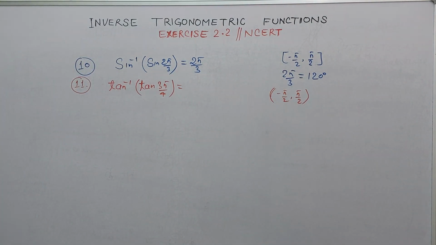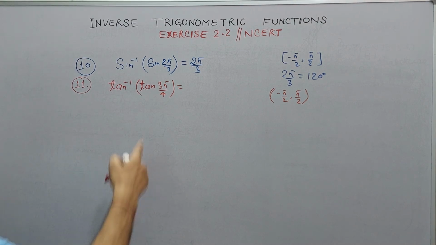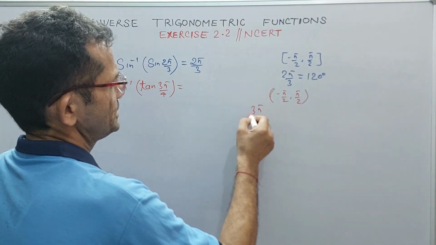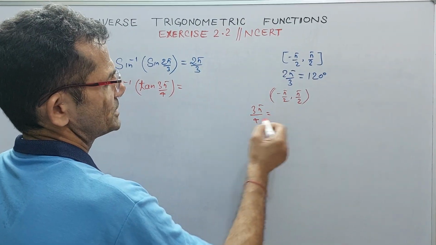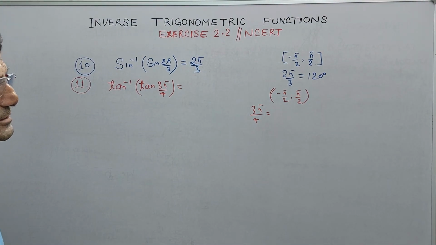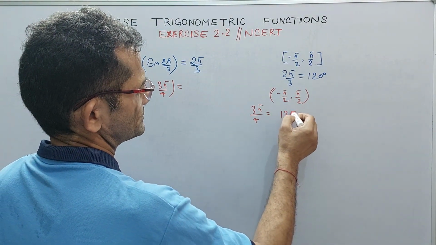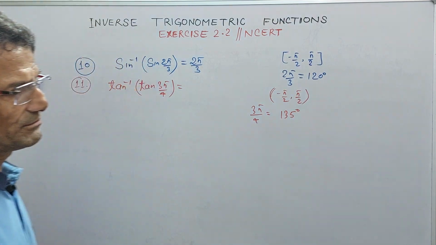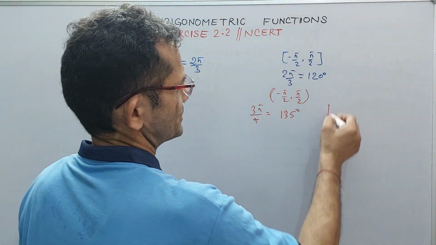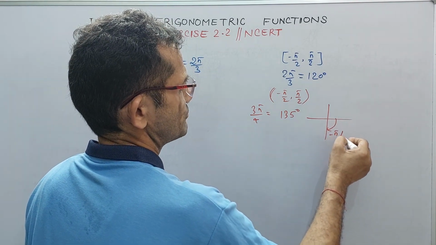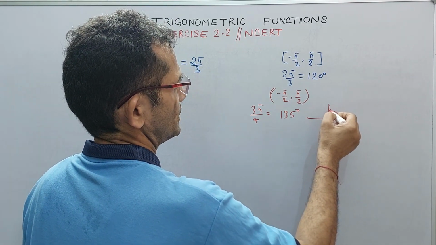Now 3 pi upon 4 is 90 plus 45, which is 135 degrees. This is out of range. This 135 degree angle does not come inside the branch, because we consider only angles from minus pi upon 2, clockwise, to pi upon 2.